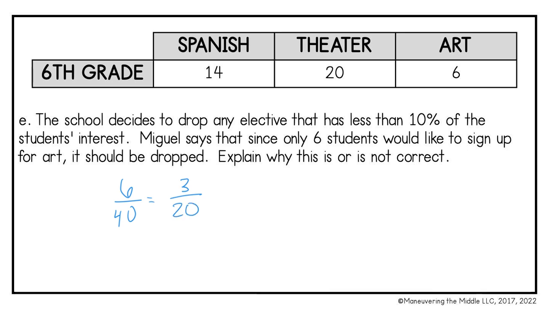We need to figure out what percent that would be, so we're going to make it equal to x over 100. Remember, 20 times 5 is 100, so 3 times 5 is 15. So this will be 15%. 15% is not less than 10%, so Miguel is incorrect. Then we're just going to write why he's incorrect.